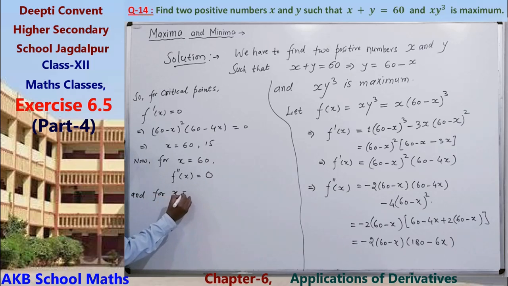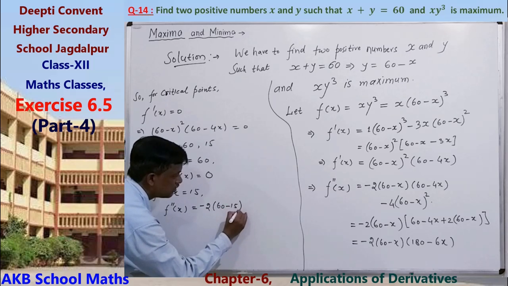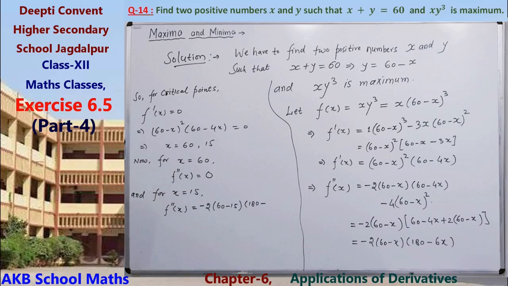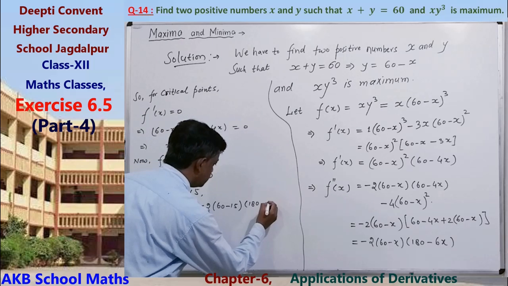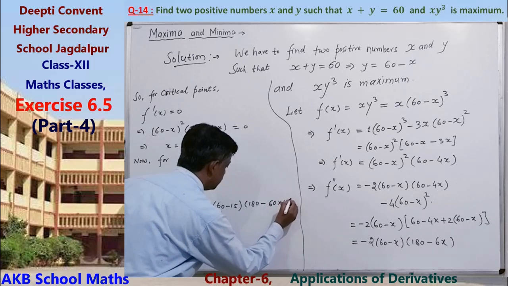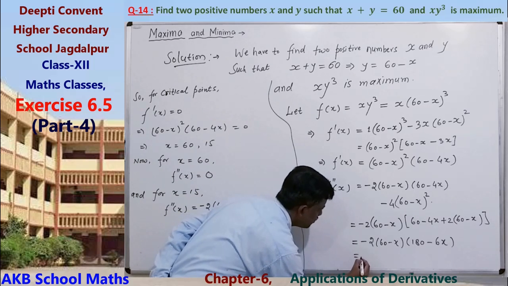And for x equals 15, f''(x) equals minus 2(60 minus 15)(180 minus 6 into 15). This value can be simplified more.